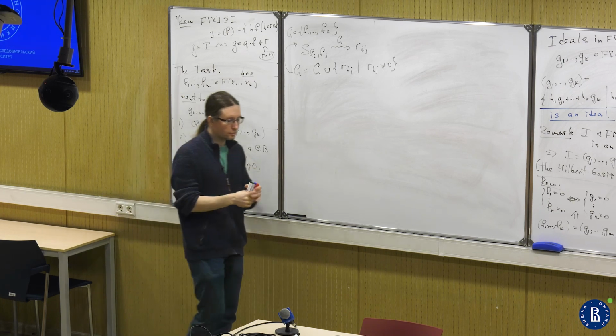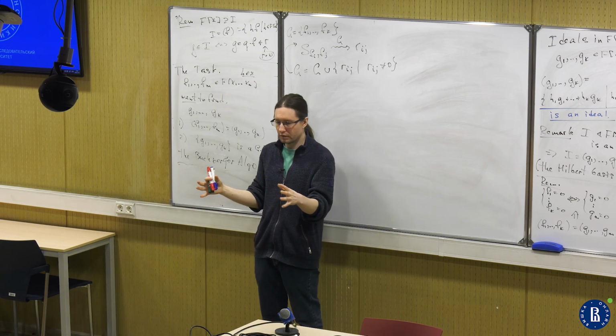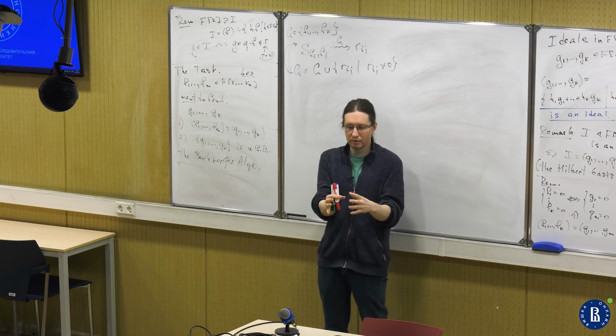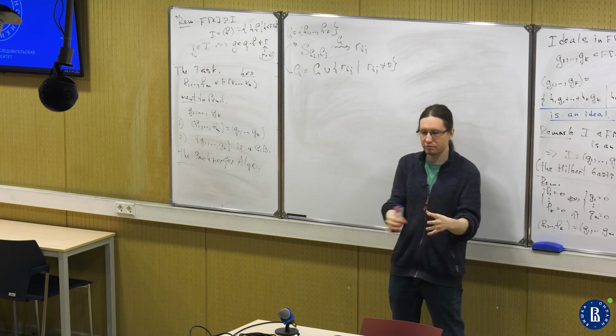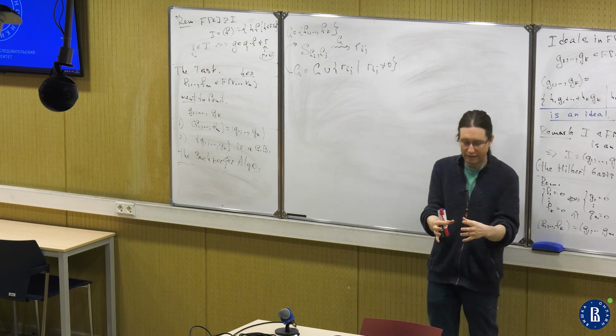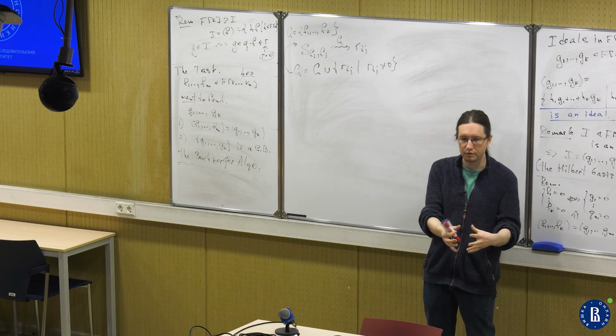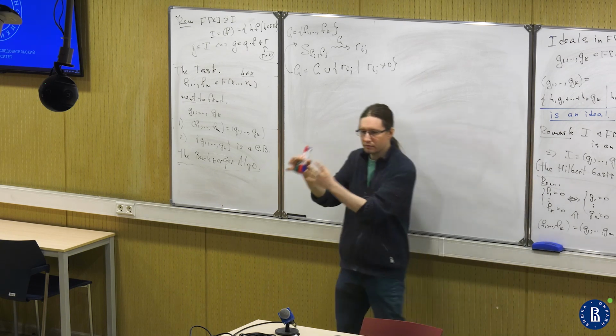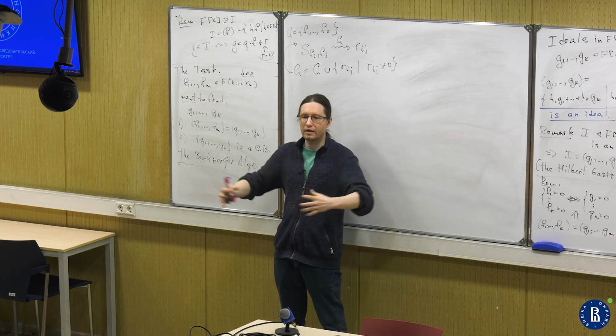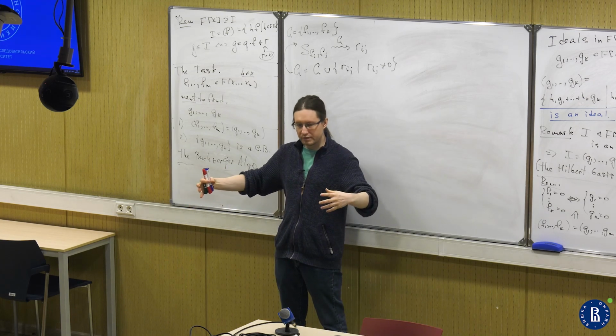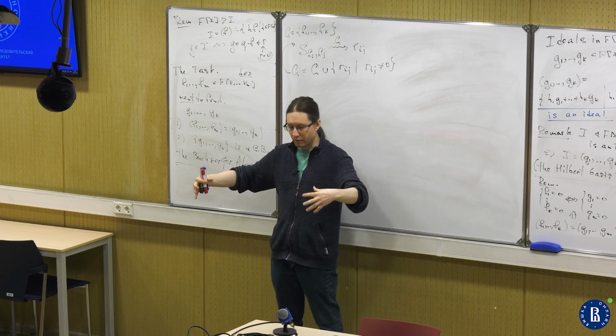So again, we have a set of polynomials. We compute all the S polynomials. We reduce all these S polynomials with respect to our set. We get the remainders. We take the non-zero remainders, and we add them to the set. Now we get a larger set, and we proceed in the same way.